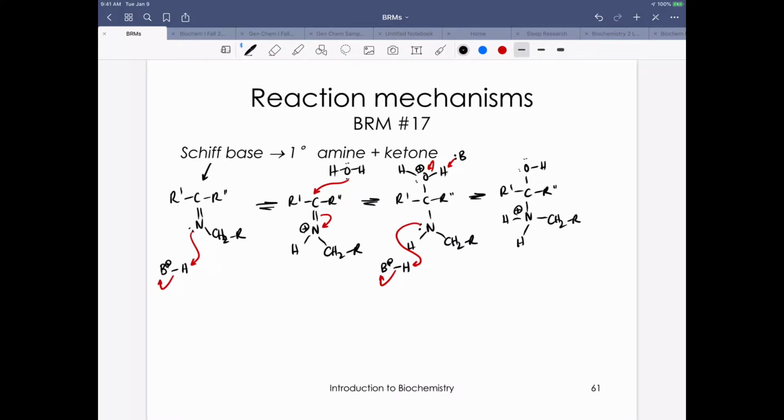Now we have an intermediate where, when we decompose and regenerate our carbonyl, we have a good leaving group.